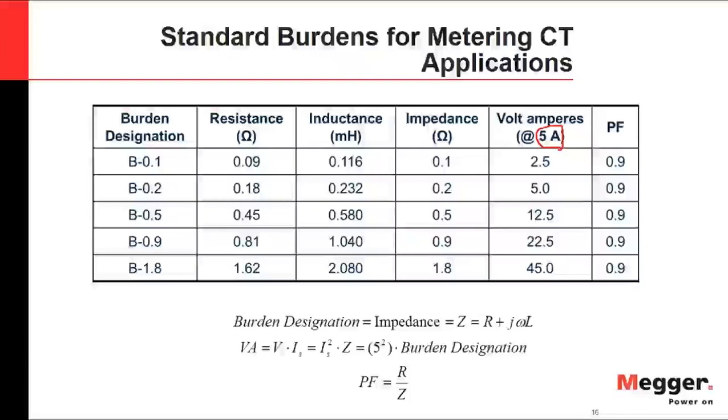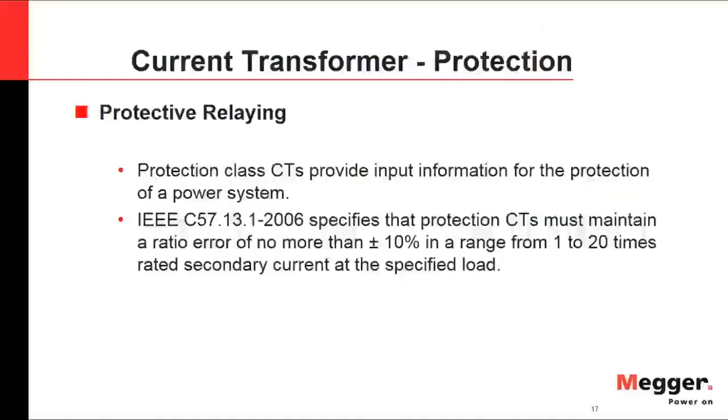When we talk about current transformer protection and protective relaying, we need to look now into some specific standards dedicated for this application. IEEE C57.13.1 specifies that protection CTs must maintain a ratio error of no more than plus or minus 10% in a range from 1 to 20 times rated secondary current at the specified load.